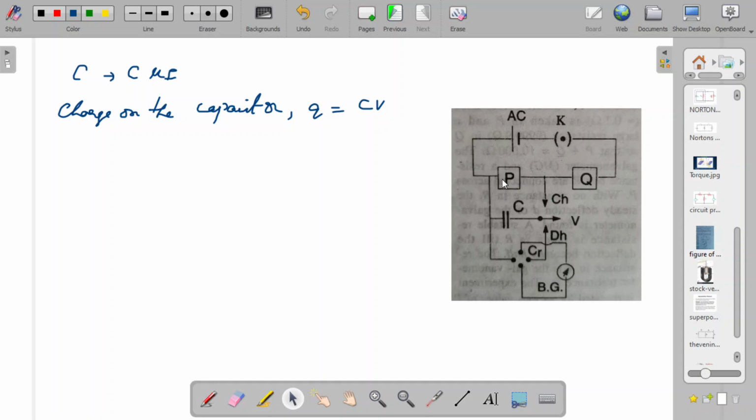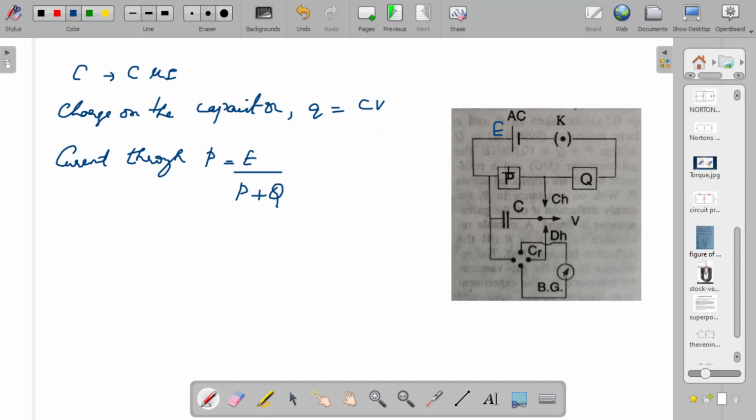E is the voltage here, so the current through P is E divided by P plus Q. That is the total current flowing through P. That current multiplied by the resistance P will give the voltage across it.